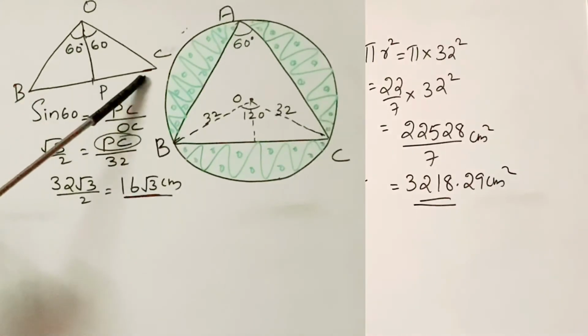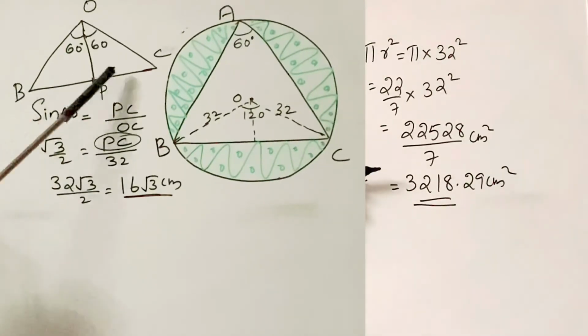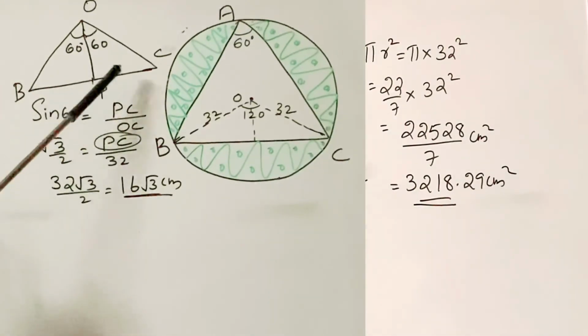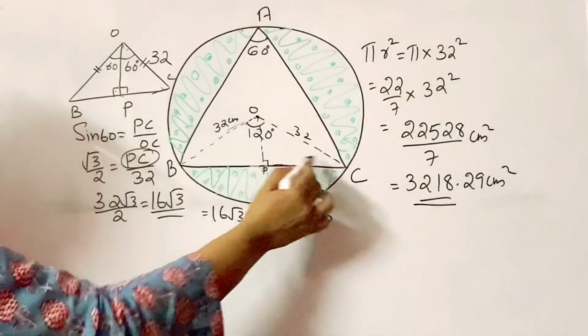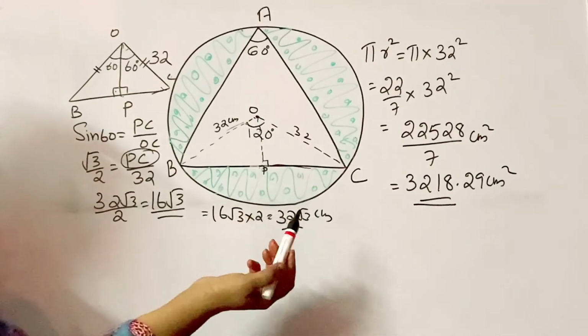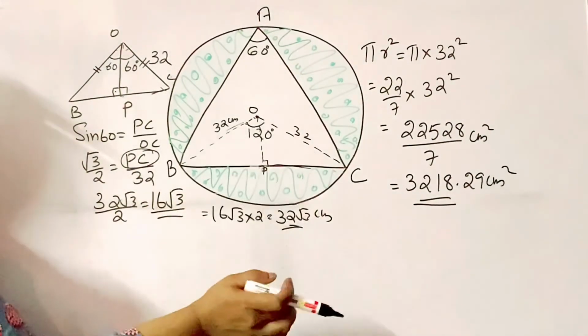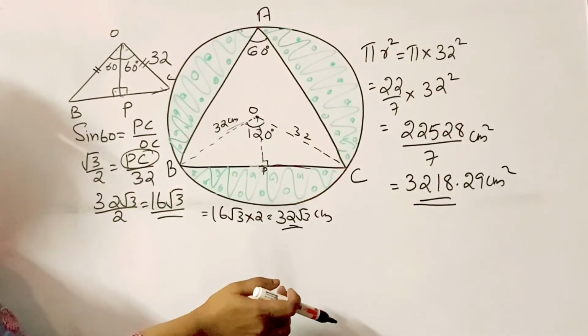If PC is equal to 16 root 3, PB is also 16 root 3. So what will be BC? That is 16 root 3 plus 16 root 3, or 16 root 3 into 2, that is 32 root 3. BC is 32 root 3. So the side of the equilateral triangle is 32 root 3. Here we use a trigonometric ratio to find the side of the equilateral triangle.